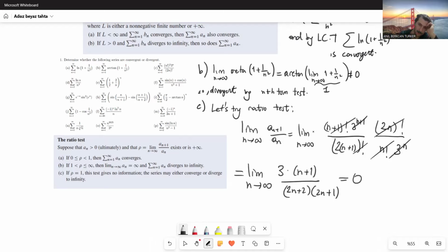So the ratio test only talks about this 1, right? Or 0. Since it is equal to 0, it is convergent. So the series is convergent by ratio test.